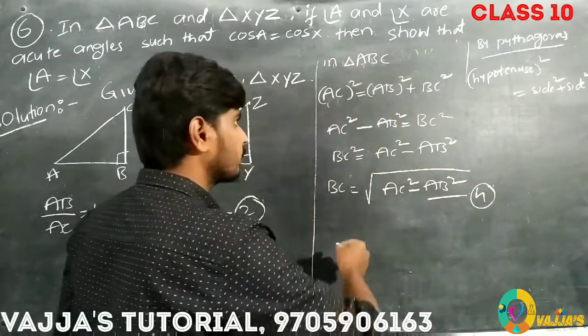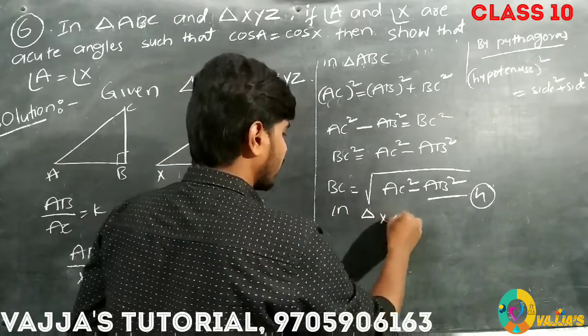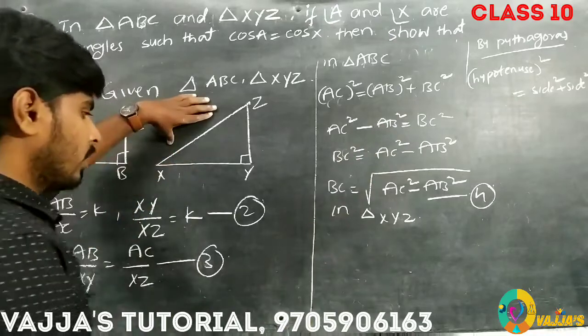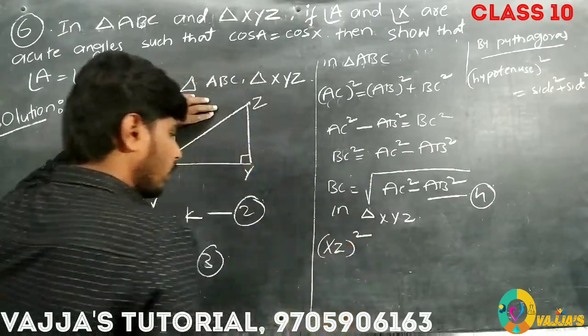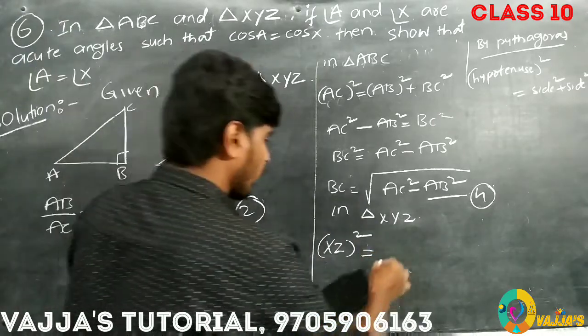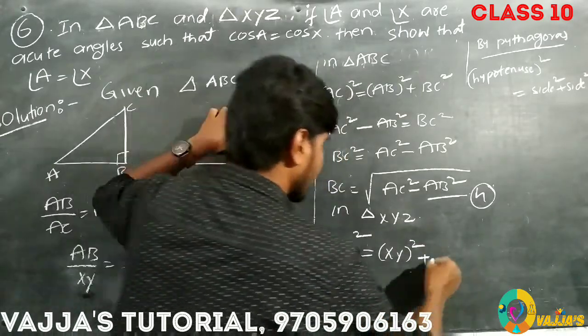Next, in triangle XYZ, what is the hypotenuse? XZ is the hypotenuse. So XZ square is equal to XY square plus YZ square.